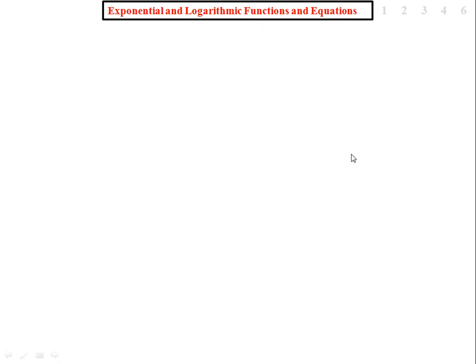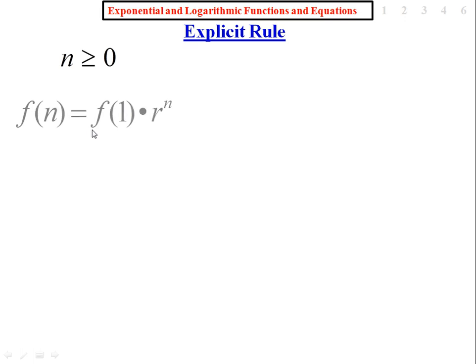However, today we're going to focus on the explicit rule only, and only for geometric sequences and series. Let me repeat that again. Today we're only going to focus on the explicit rule for geometric sequences. Let's start with that first. So here it goes. If it's starting from term 0, the explicit rule for a geometric sequence is f of n equals f of 1 times r to the nth power.